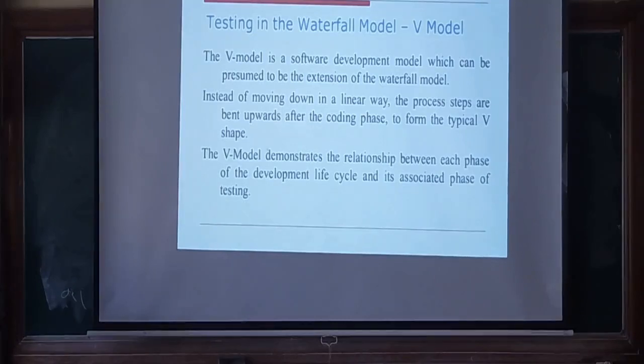So instead of moving down in a linear way, the process steps are bent upward after the coding phase. Okay, so after the coding phase, the process steps are bent upward to form the typical V shape. So the V model demonstrates the relationship between each phase of the development life cycle, that is the waterfall model, and its associated phase of testing. So you can see the example here.